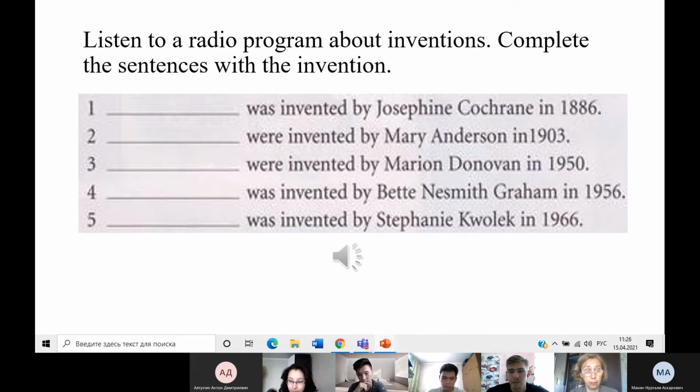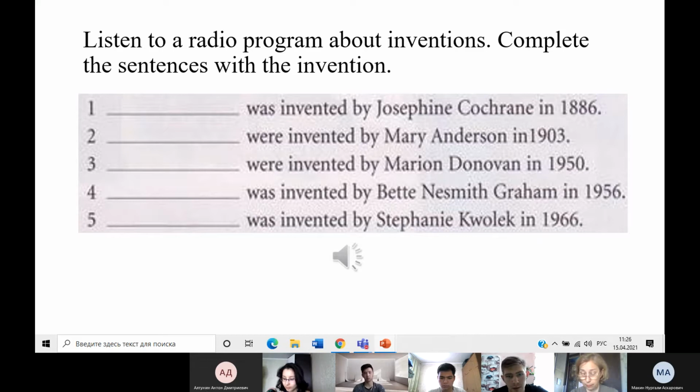So, who can help us? Typex. Typex. Anton, read the sentence. Typex was invented by Bette Nesmith Garham in 1956. Okay, Rodion, the last one, number 5.